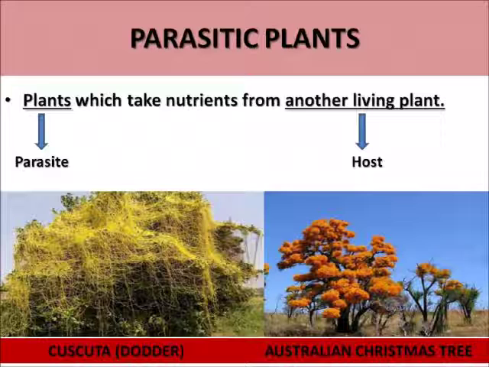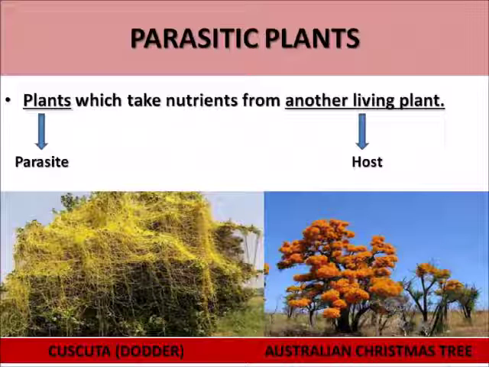Now you can see in the first example that the cuscuta or the dodder didn't have any choice rather than depending on other plants, because it didn't have chlorophyll, so it could not photosynthesize, so it was unable to prepare its own food.